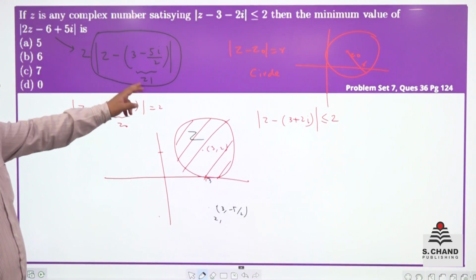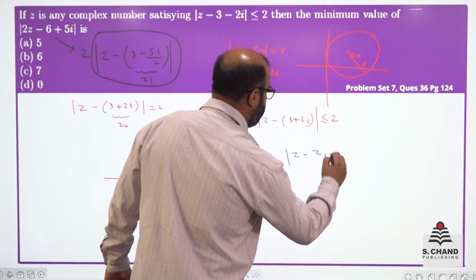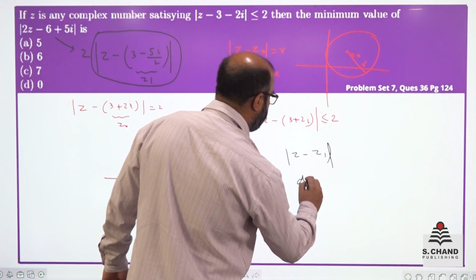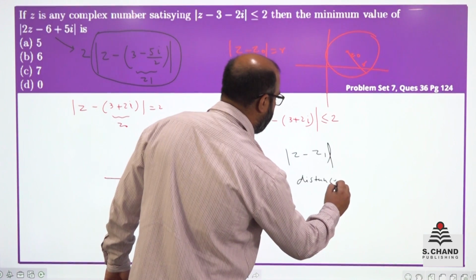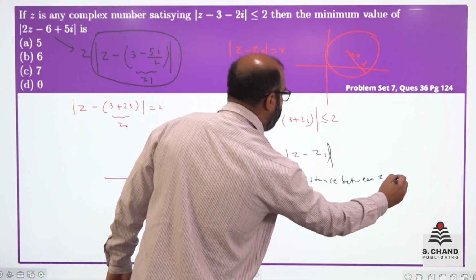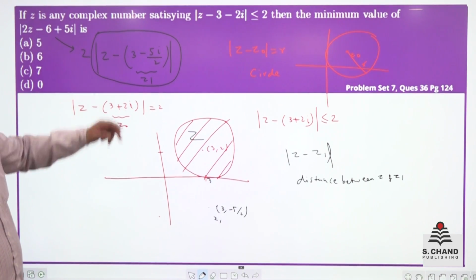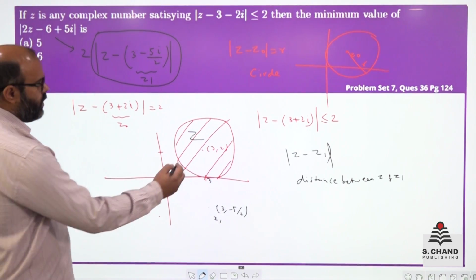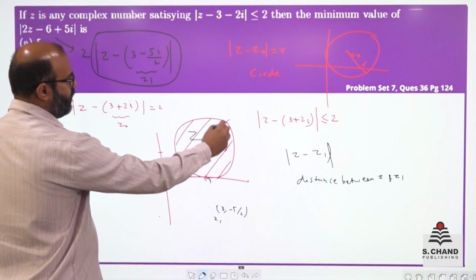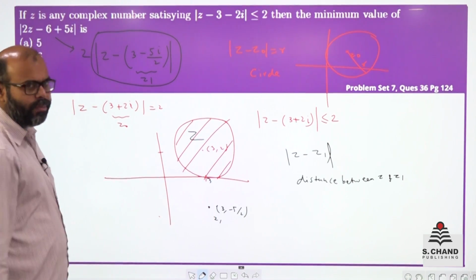And mod of z minus z1 means the distance between z and z1. So the distance between a point on this circle or inside the circle and this z1 has to be minimum.